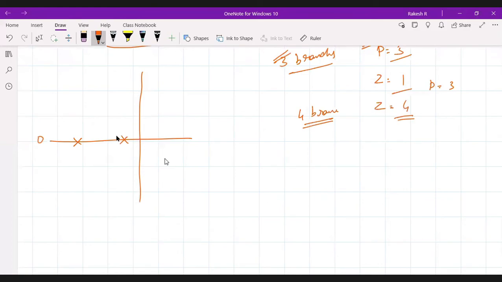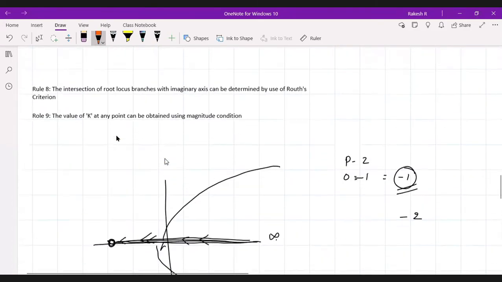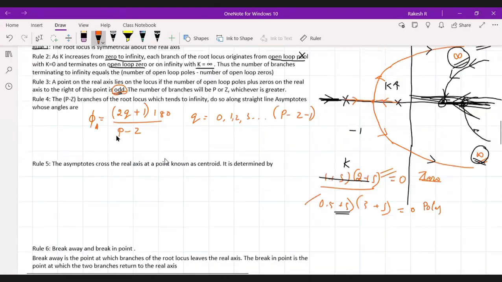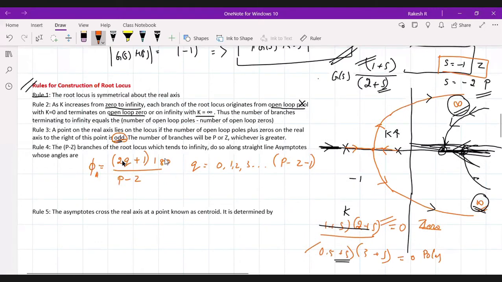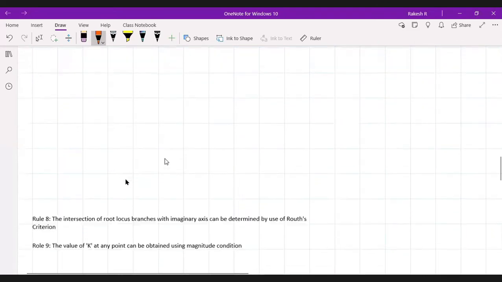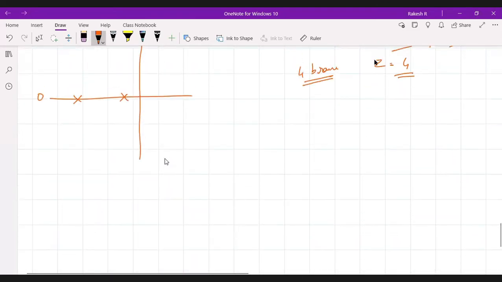When you substitute the values in the given question in the formula, phi of A is equal to 2q plus 1 into 180 divided by P minus Z.